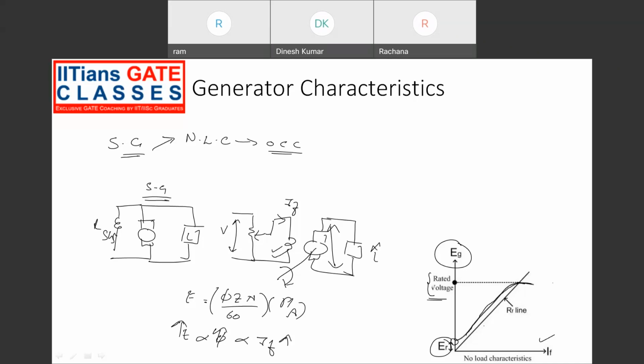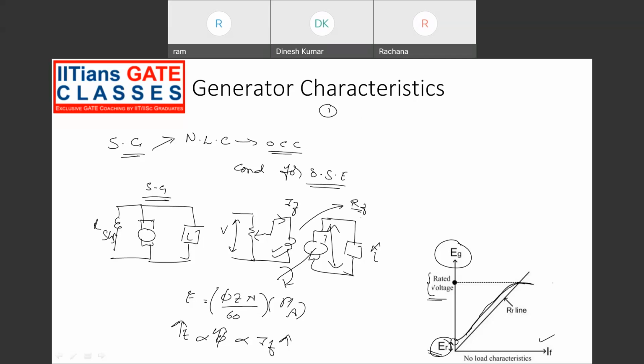For this entire process to work, there are some conditions to be satisfied, which are called conditions for satisfactory self-excitation. The first condition is there should be some residual flux present in the poles of the DC machine. Next, the field winding has some resistance called RSH or RF.